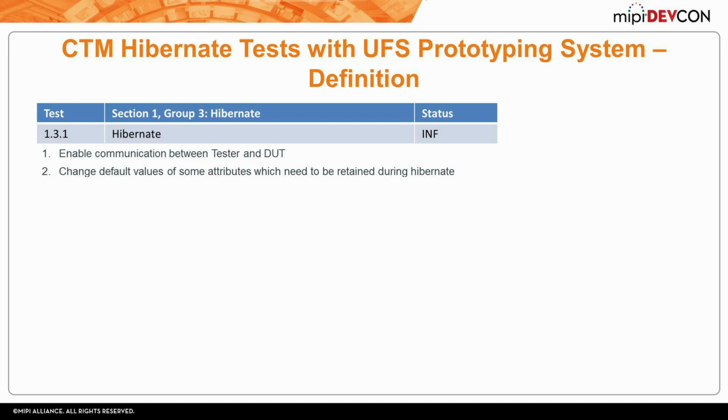So in this test, you will write some values, and after you go into Hibernate and exit Hibernate, you will see if the attribute values are kept. And if they are not, that's not a successful 1.3.1 test. So these values are specified in the UniPro CTS. You have the attributes and the values. You just need to set those attributes with the specified values.